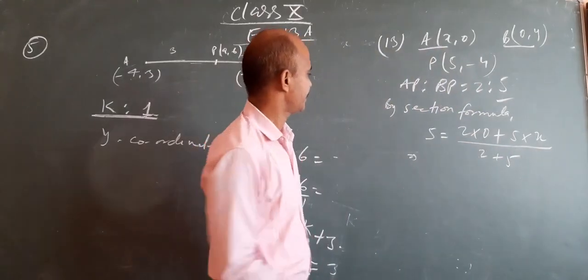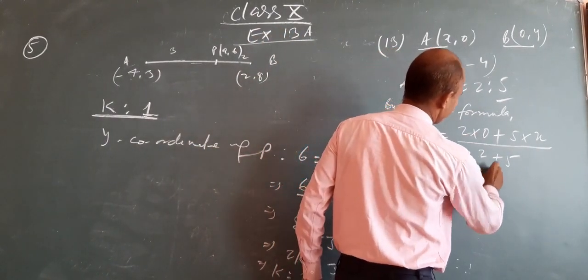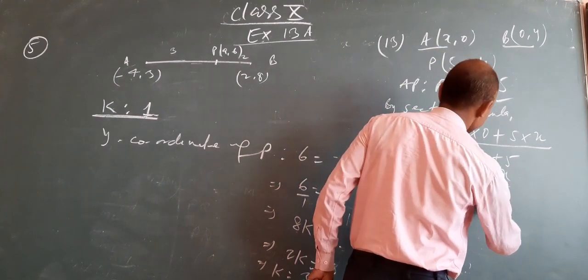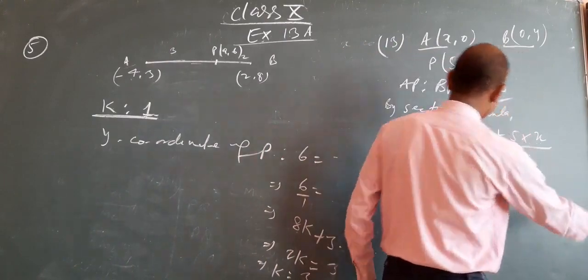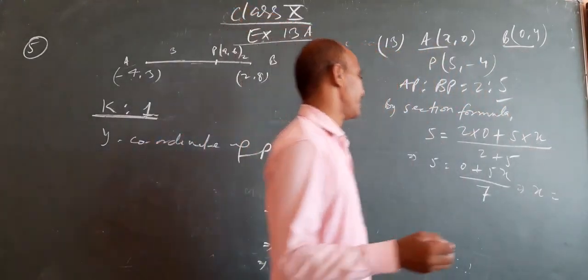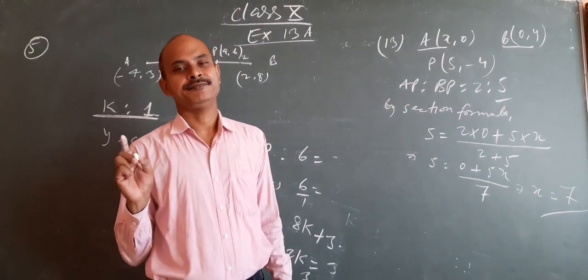This gives 0 plus 5x by 7. On solving this, we get the value of x as 7. The value of x is 7.